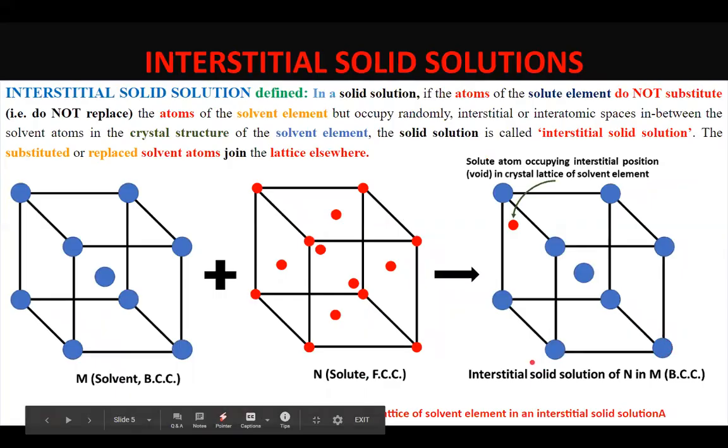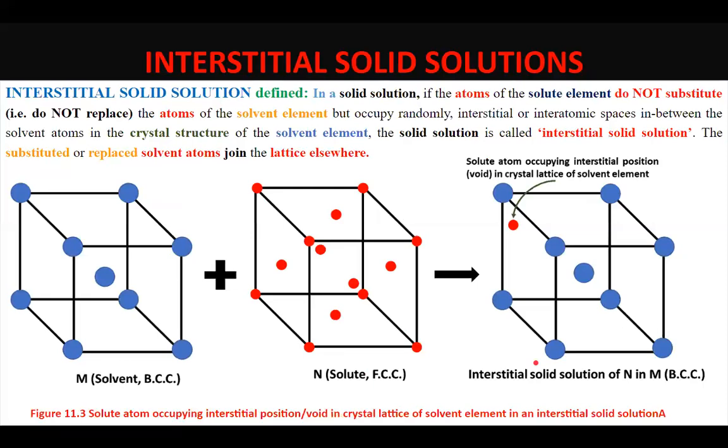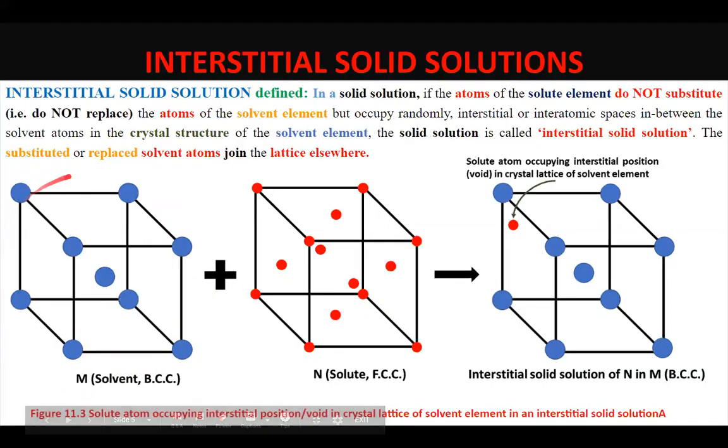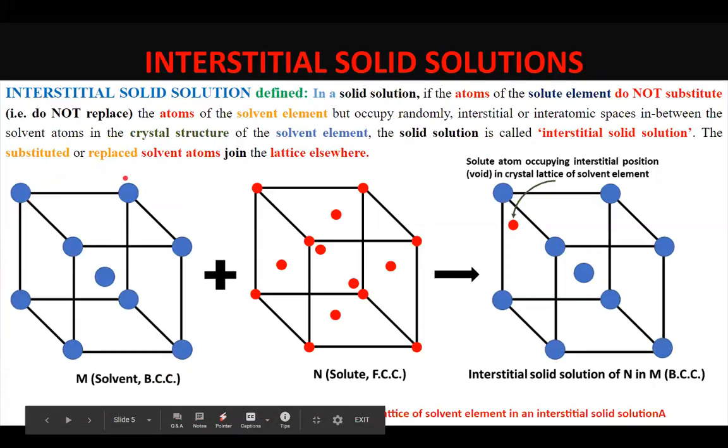The lattice positions in the unit cell of the solid solution would be occupied by the solvent element exactly as they were being occupied in the solvent when it was all alone.